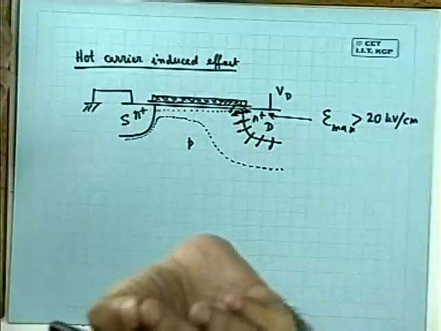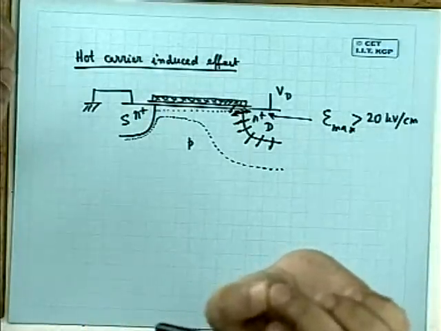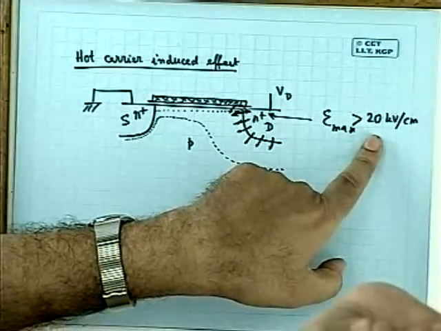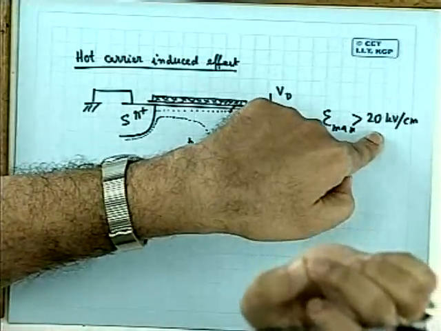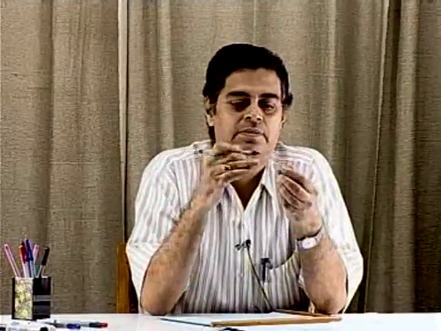The distances are so small that the electric field usually exceeds that limit of 20 kilovolt per centimeter. So as a result, these electrons become what are called hot electrons, because they travel with saturation velocity.